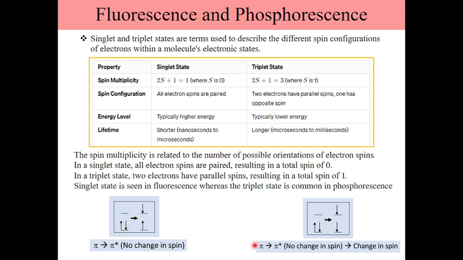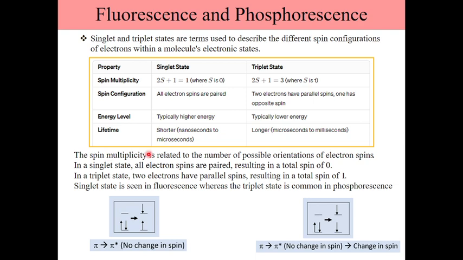Initially there was no change in spin, but then there is a change in spin. See, this is no more facing upward, rather it is facing downward. This guy was here and is still here, right? So there is actually a change in spin. This is what a triplet state is, where there is change in spin.